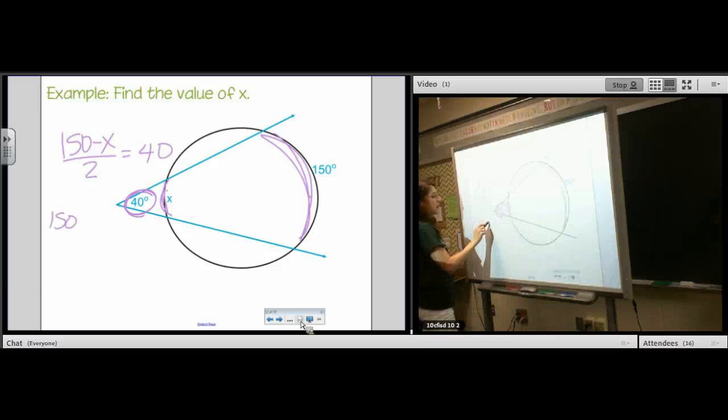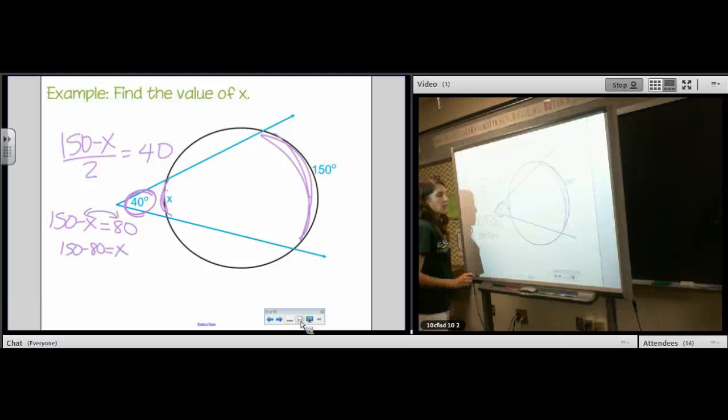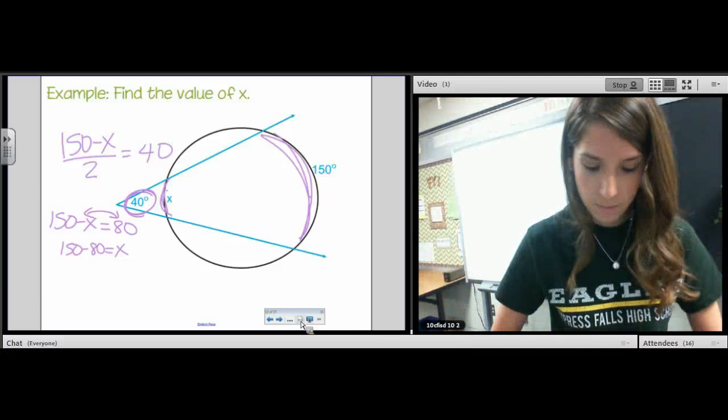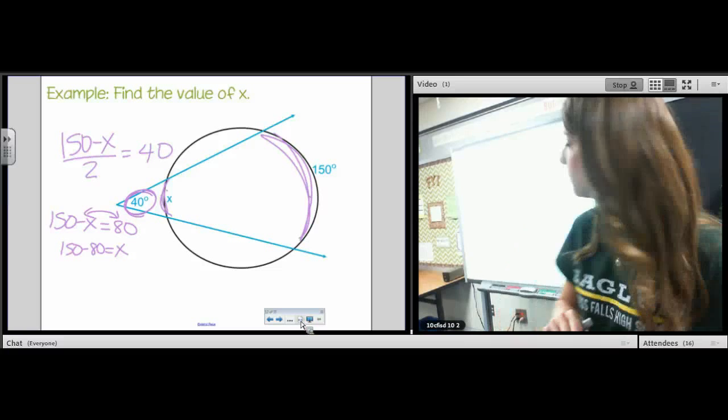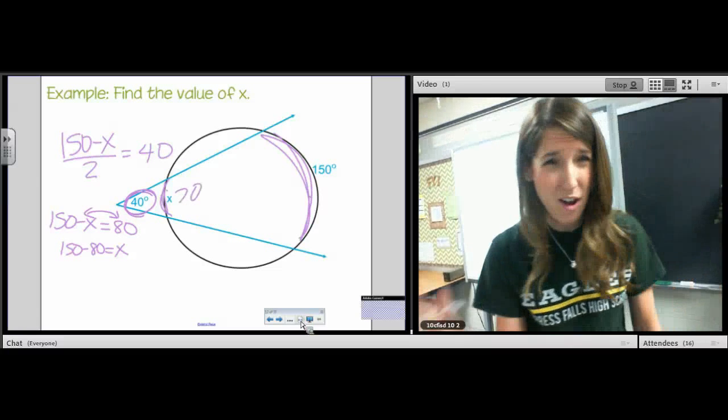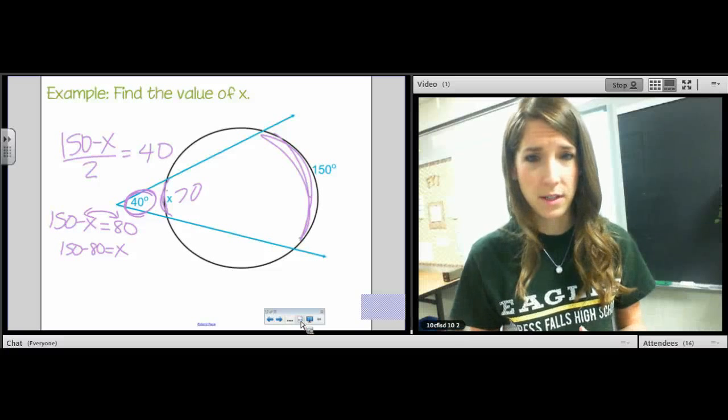So 150 minus x is 80. And then we would do 150 minus 80. We would trade places with these two guys. And that would be our x. I hope that's okay with everyone. 70. 70-degree arc. We were looking for the arc and not the angle, and that's why we had to work backwards.